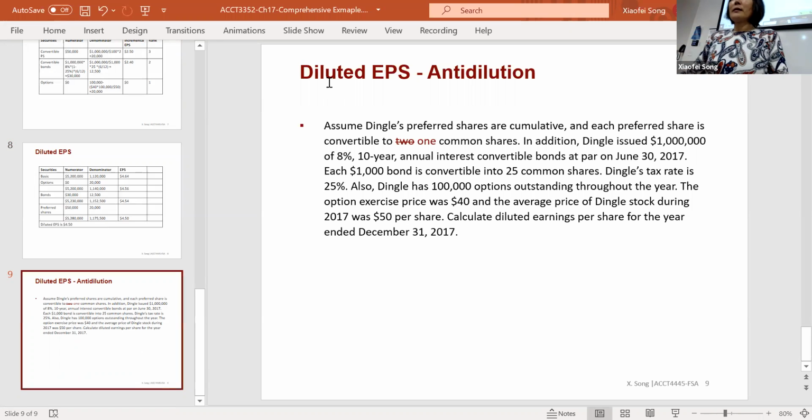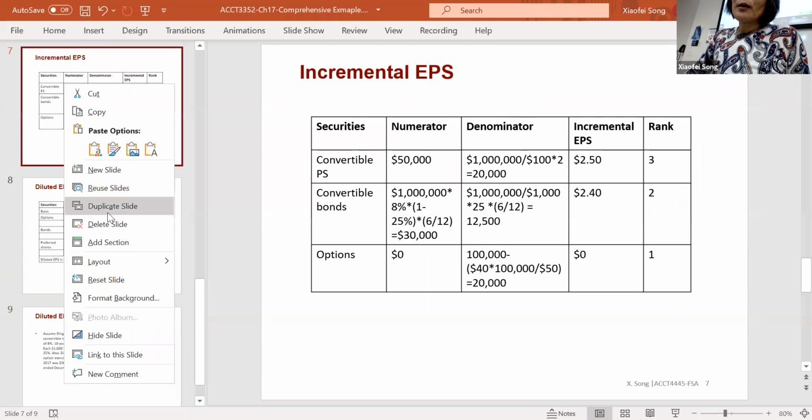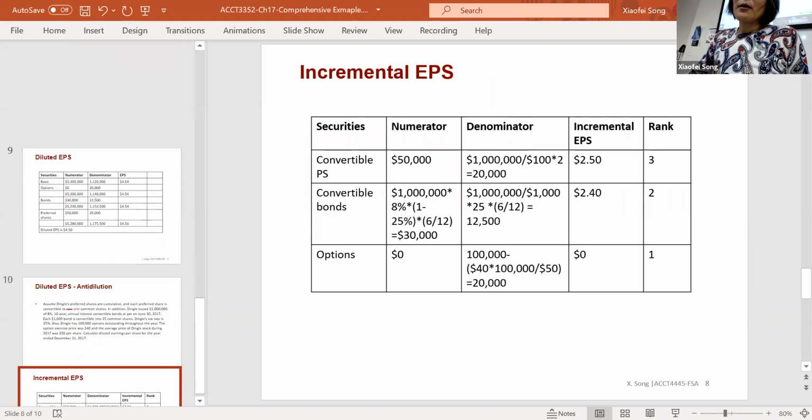Okay, so I changed it a little bit. Same question here. I will change it just to show an anti-dilutive situation. Everything else is the same, so you don't have to read the whole thing. The only part that changes is preferred shares can be converted into one common share instead of two. I'm just going to copy what we did and make adjustments accordingly.